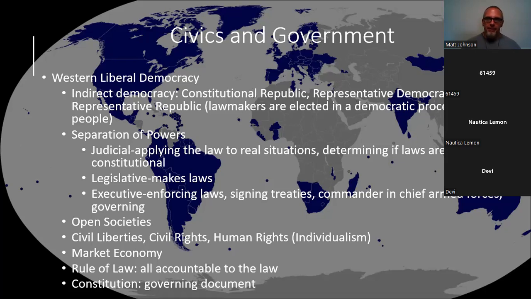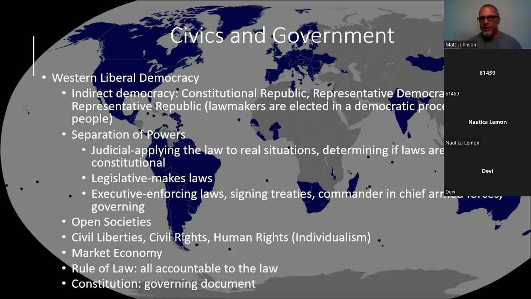And typically, they have a bicameral legislative branch. I've mentioned this before. Bicameral means there are two chambers. Right, so we have a House of Representatives and a U.S. Senate.